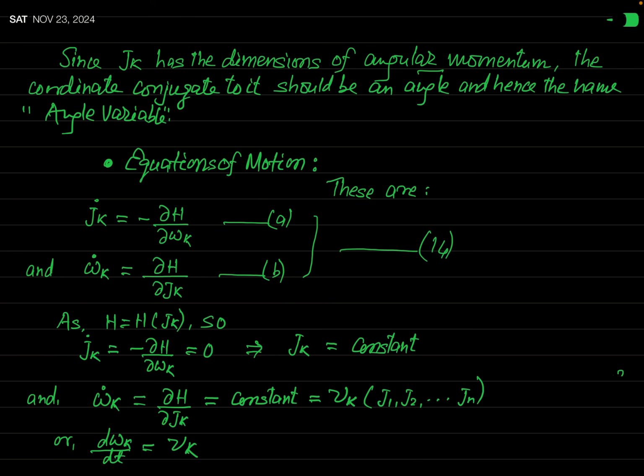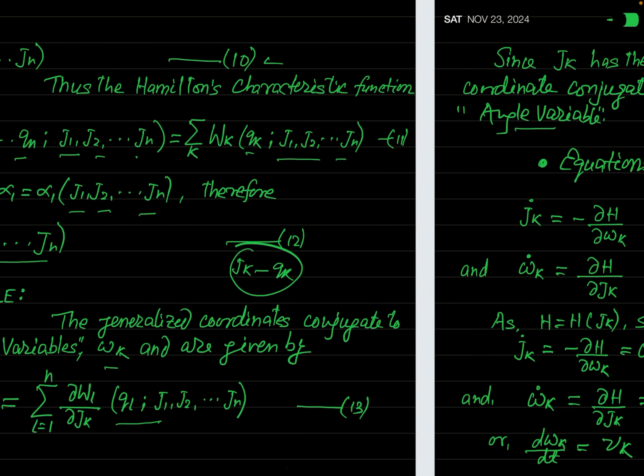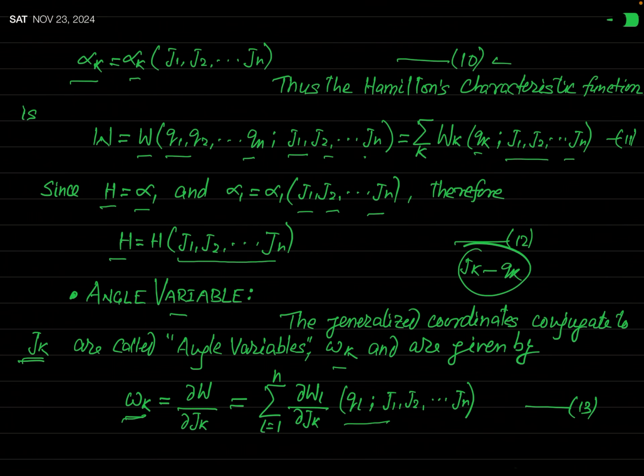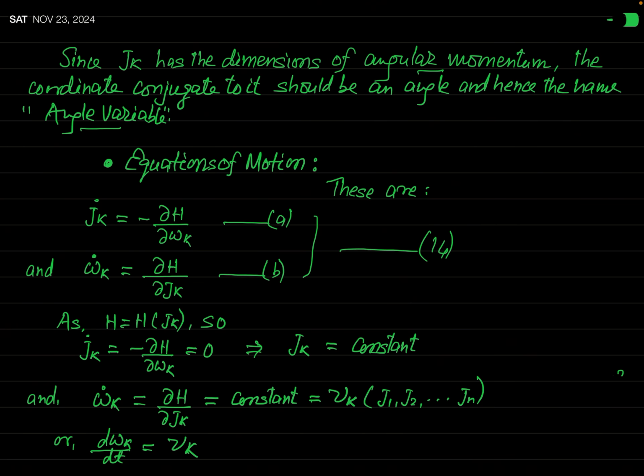These are definitely dimensionless, and that's why this is called the angle variable. So this is the basic way by which you can define this angle variable.